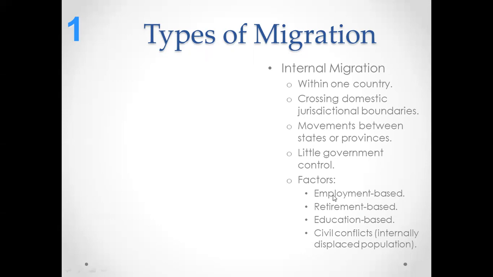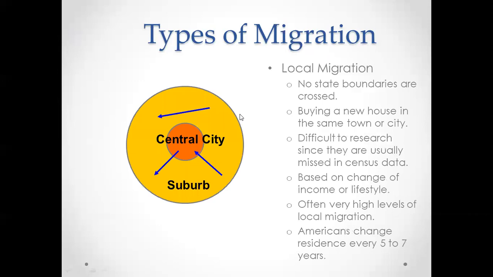So maybe this is due to our employment, of course, sometimes retirement, okay, or education, or sometimes civil conflicts. Okay, na kung saan nagkakaroon tayo ng tinatawag dito na mga displaced people. Okay, say for example, may giyera, yan. So, lilipat yan sila. Okay, so ayan.